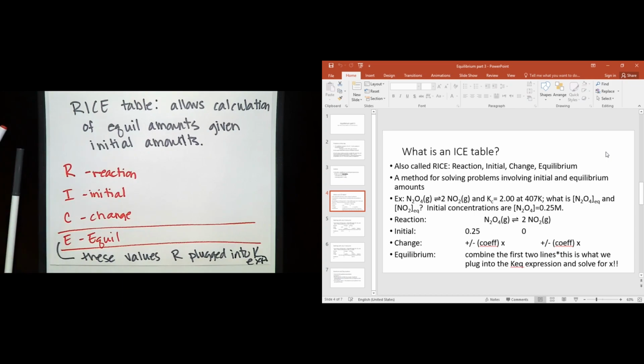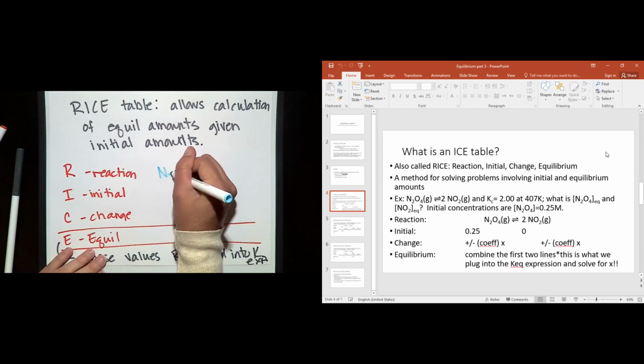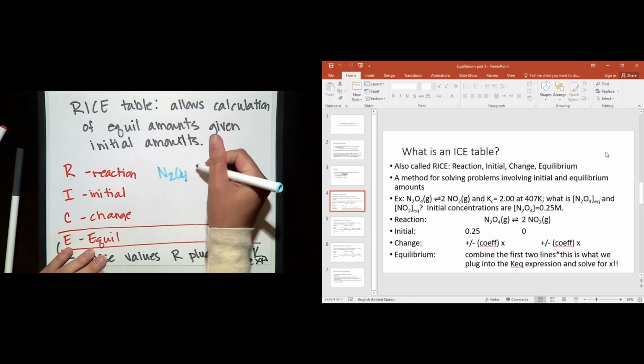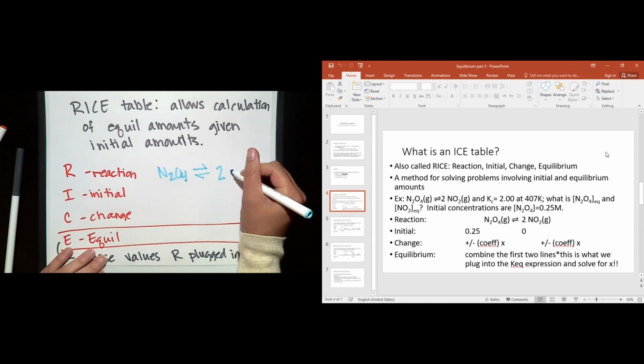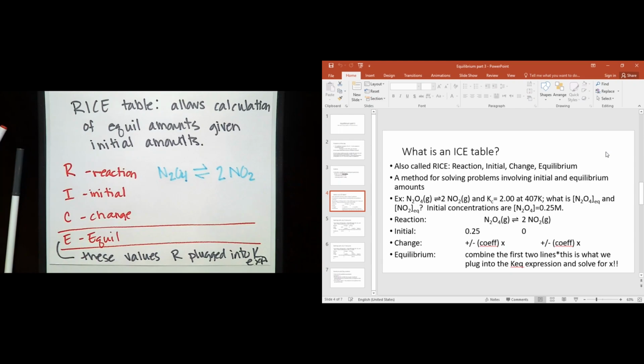In the slide, we have a reaction. We've got N2O4. It's a decomposition reaction breaking down into 2NO2. We're given a value of K, that's also really important, and we're given the initial concentration.